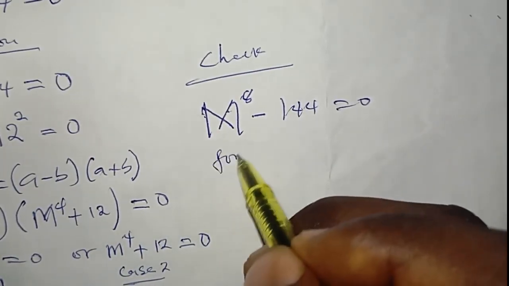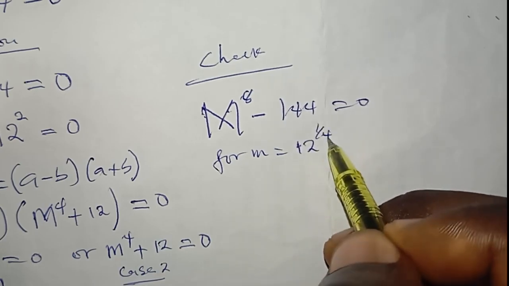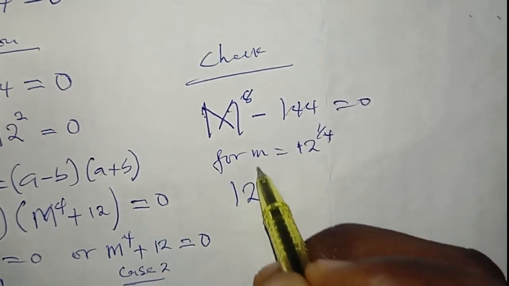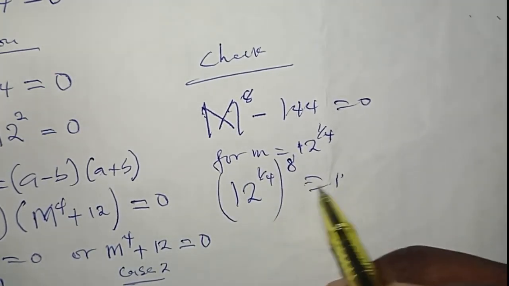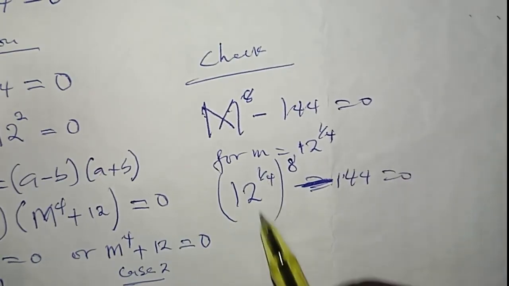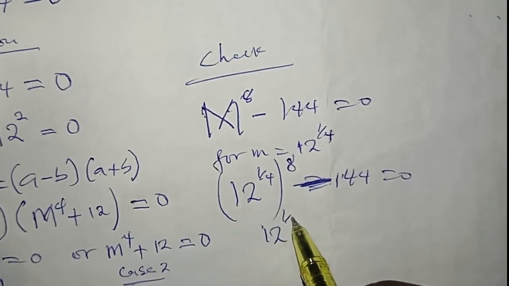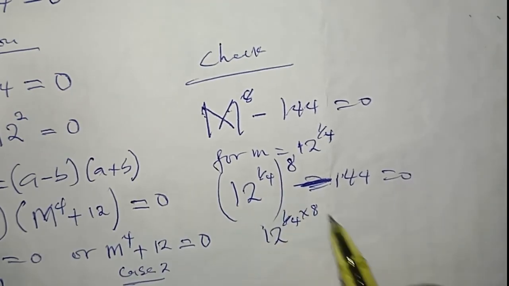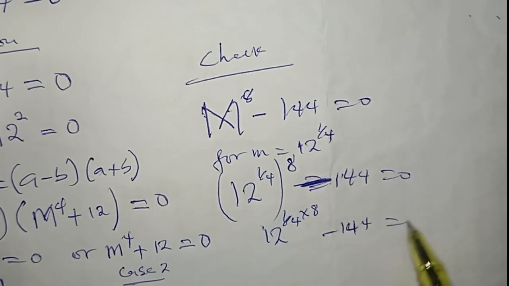Okay, so for m equal to positive 12 power 1 over 4, we're going to have 12 power 1 over 4, and then power 8, minus 144 is equal to 0. So what I have here is 12 power 1 over 4 multiplied by 8, minus 144 is equal to 0.